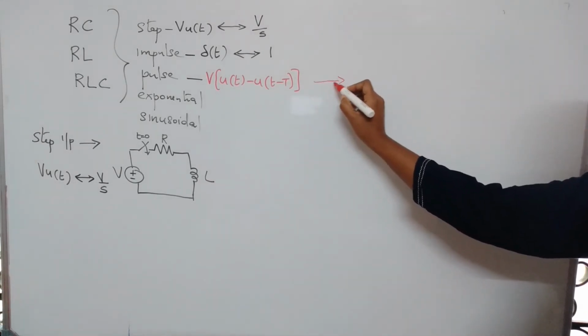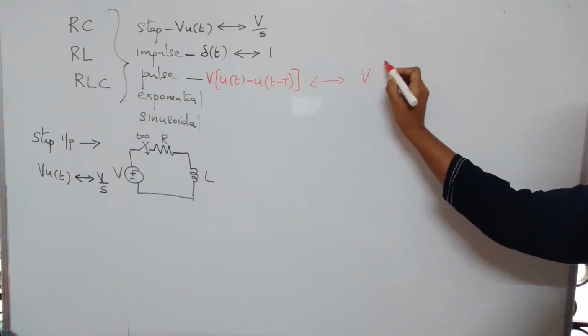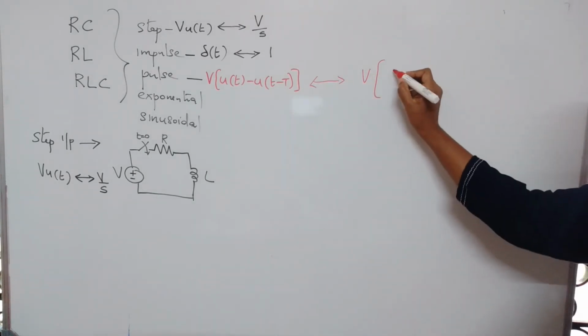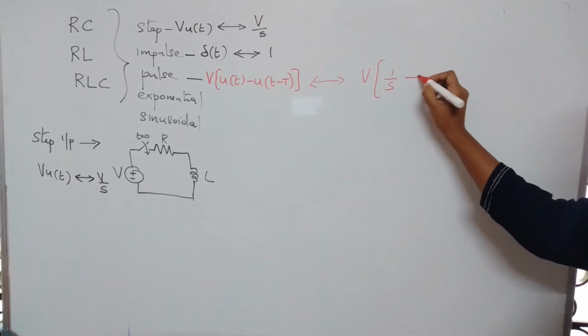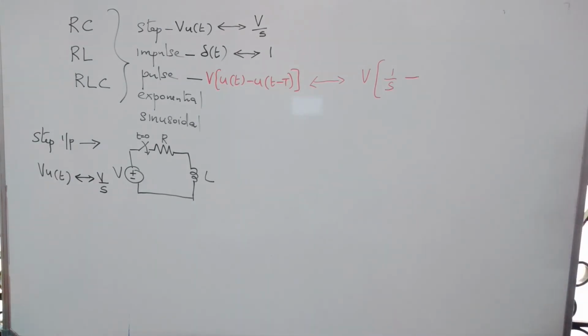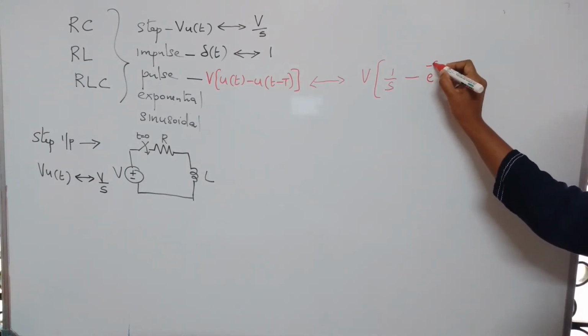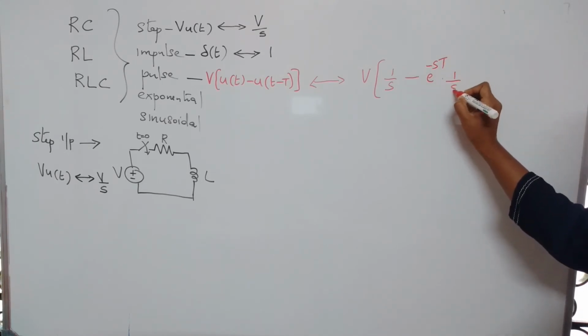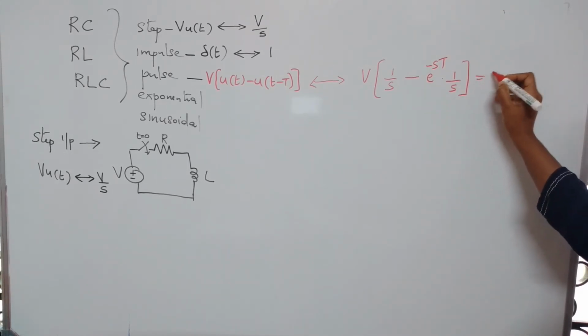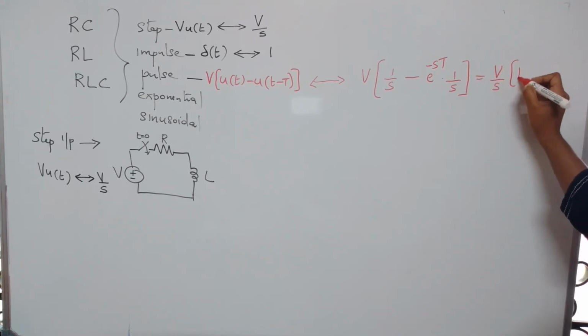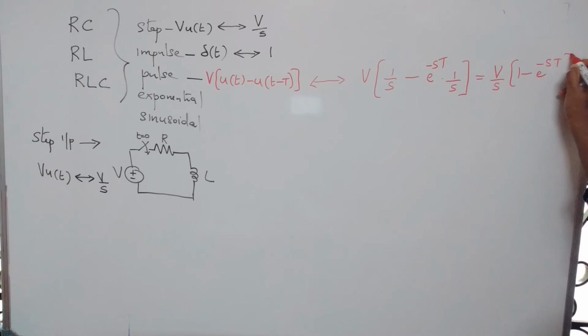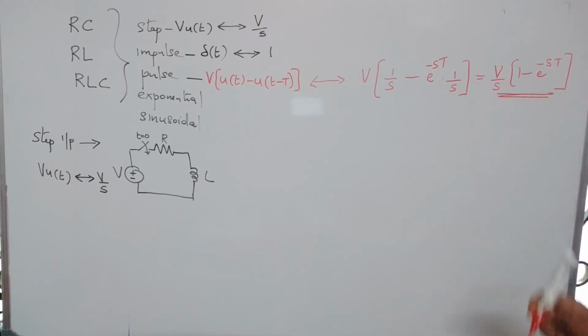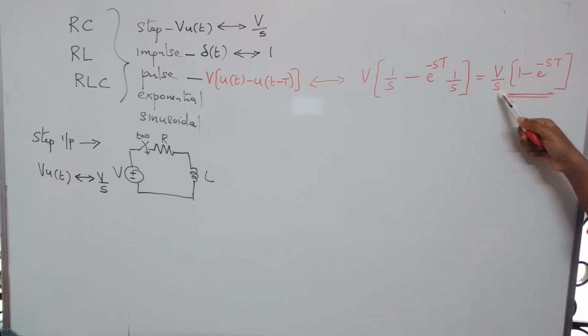In S domain, we can write this as V into u of t, which is 1 by s, minus u of t minus T. We can apply the time shifting property, e raised to minus sT into 1 by s, or this can be written as V by s into 1 minus e raised to minus sT. So this is how you represent a pulse function in S domain. The magnitude of the pulse V by s into 1 minus e raised to minus sT.